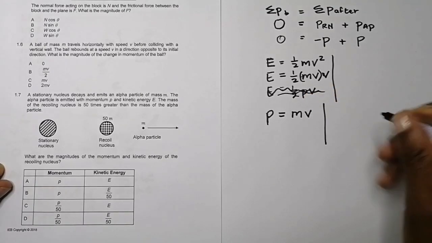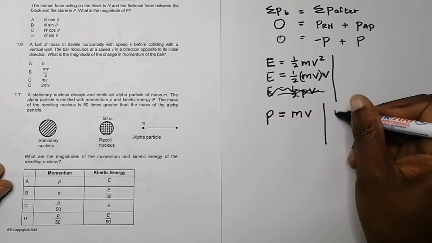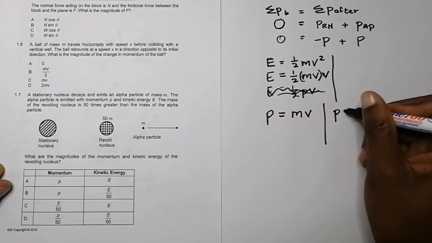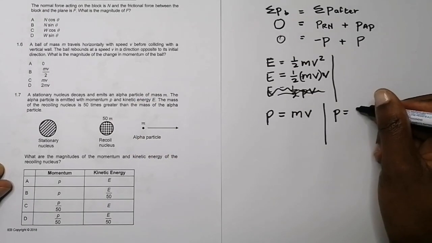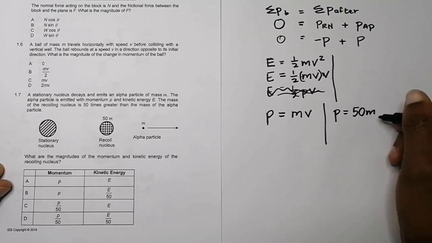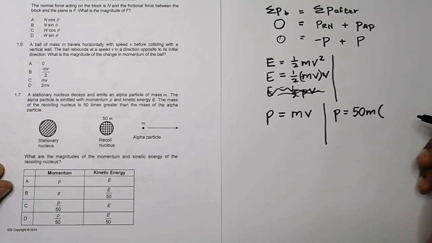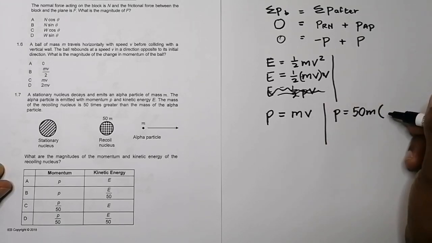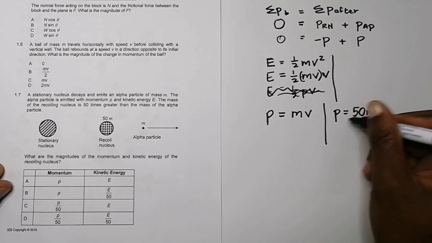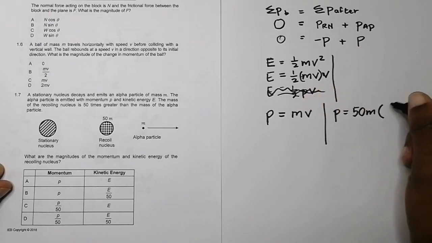But if I'm to have the same momentum P for the recoiling nucleus, the mass is 50m. What should be the velocity of the recoiling nucleus in order to have the same momentum? I want this to be equal to mv as well, so it means my velocity should be v over 50. I hope that makes sense to you.